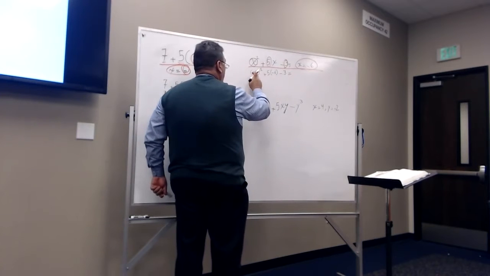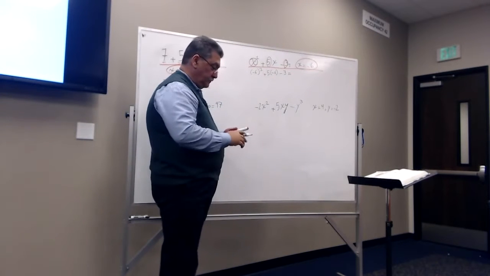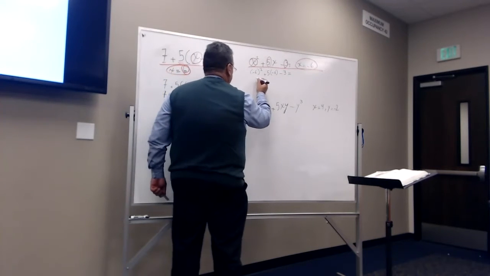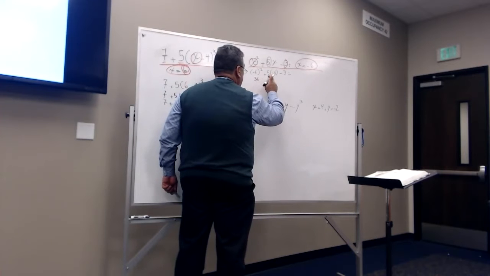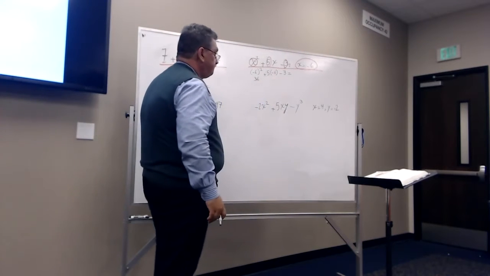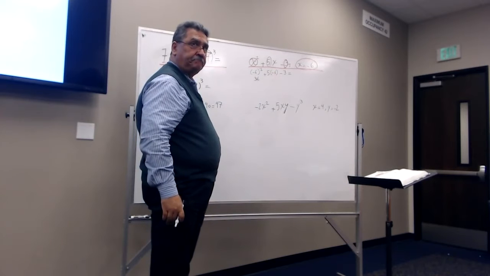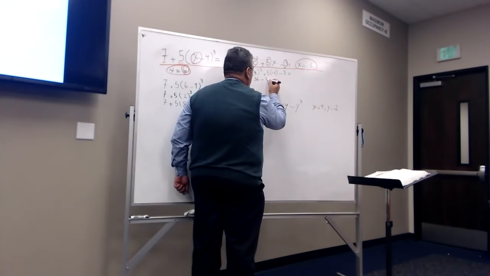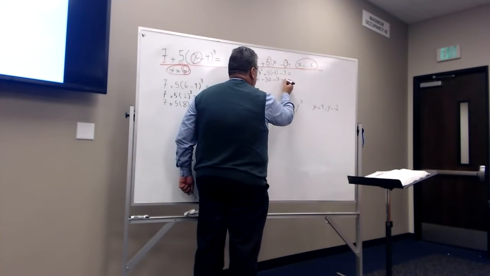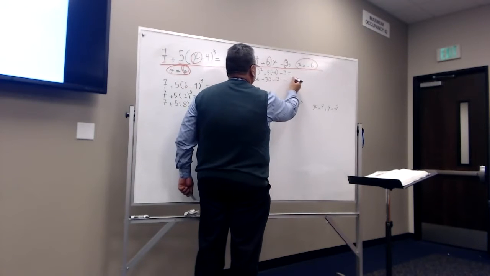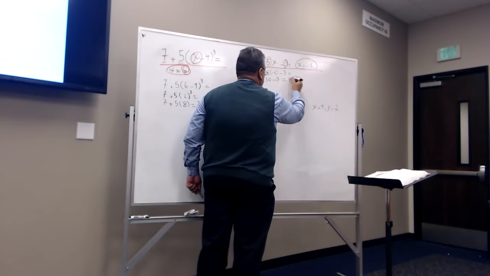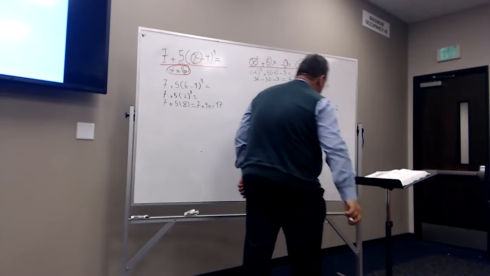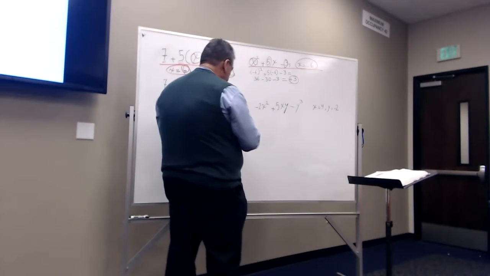All right, what is -6 to the power of 2? 6 times 6, so 36. Yes. What is 5 times -6? And -3. So this would be 3.